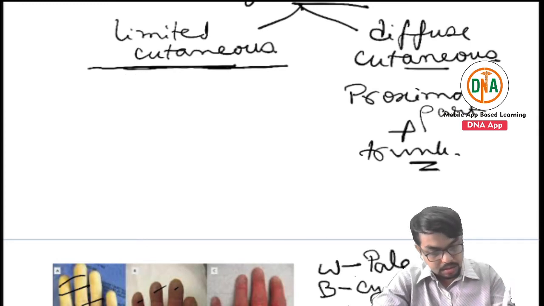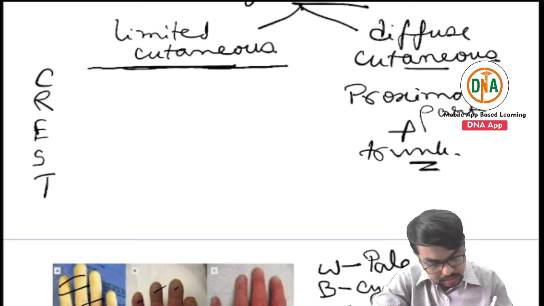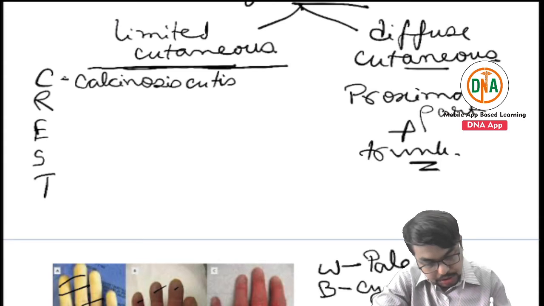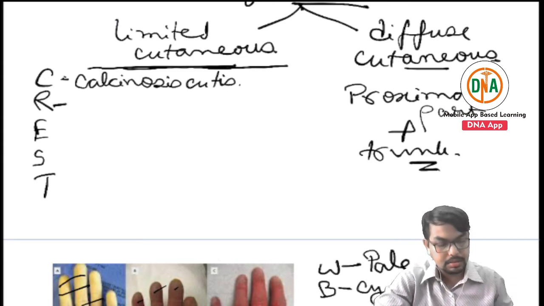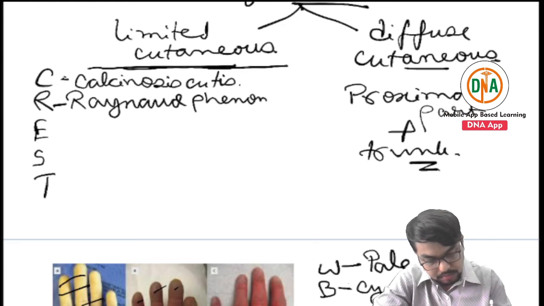There is another mnemonic again. It is CREST. What are those? C for calcinosis cutis, calcium deposition in dermis. Next, R, Raynaud phenomenon. Next, E, esophageal dysmotility.